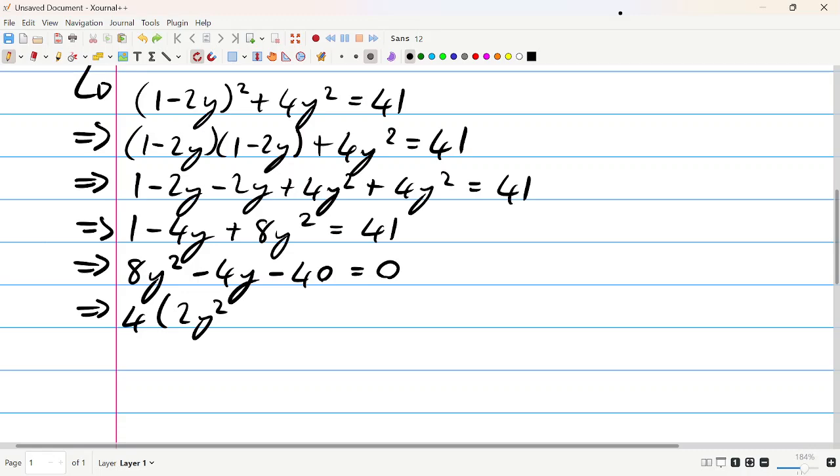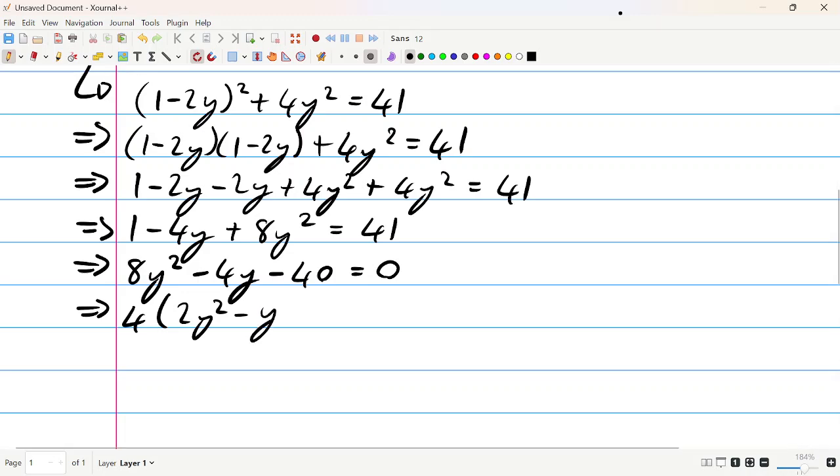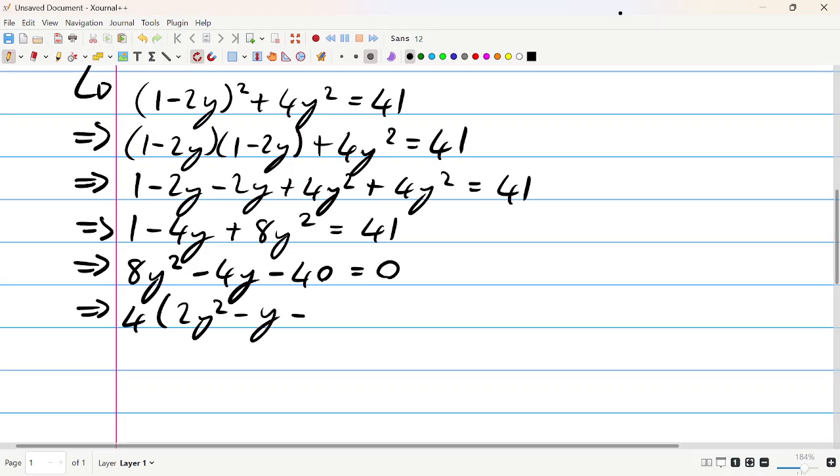So therefore, it's going to be 2y squared minus y on its own, and then minus, when we take out 4, it's the same, 40, it's going to be 4 times 10. We take out 4 as a common factor, we're left with 10. So it's going to be equal to 0. And then we divide both sides by 4, so that we are left with 2y squared minus y minus 10 equals 0.